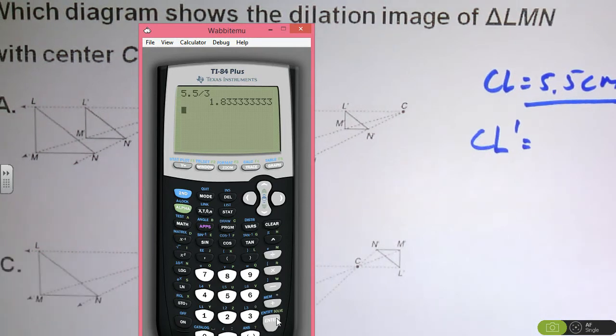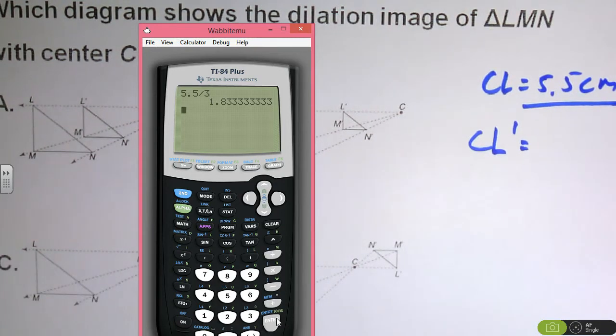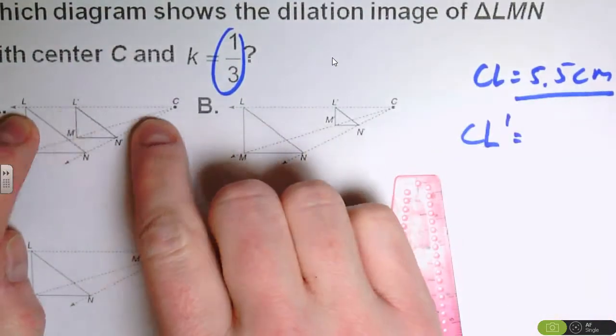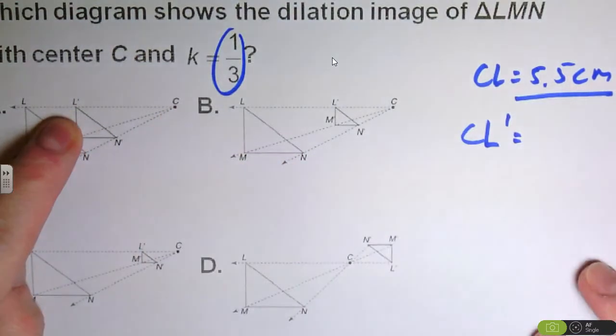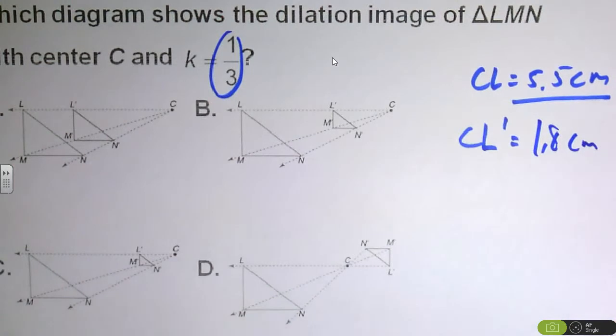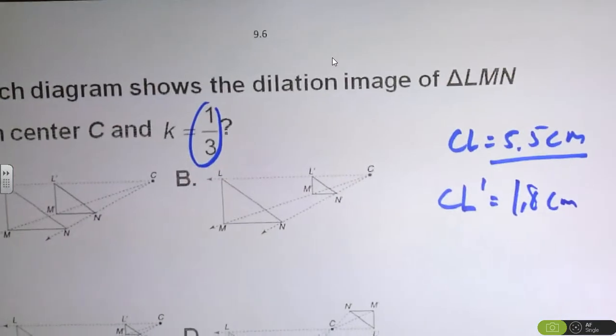Okay. So let's take a look. From L prime to C, I need it to be around 1.8 centimeters. Well, let's see.